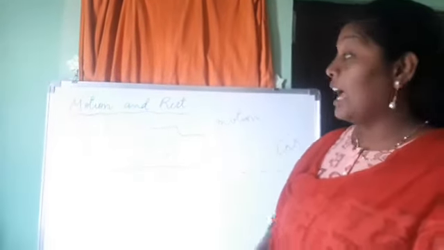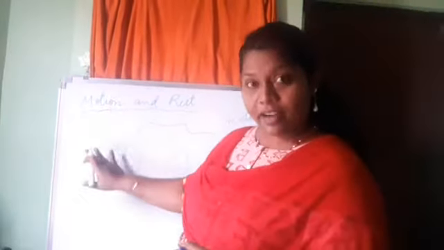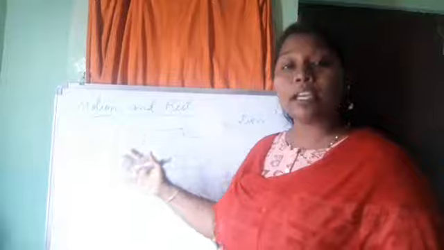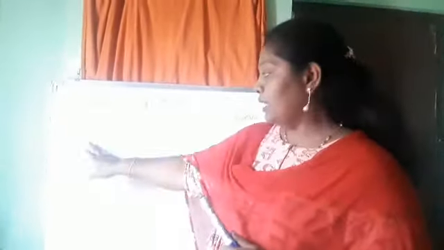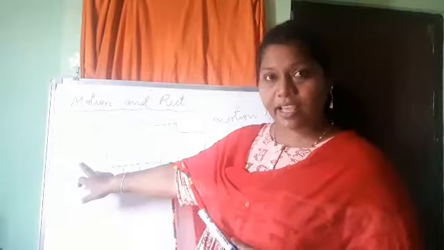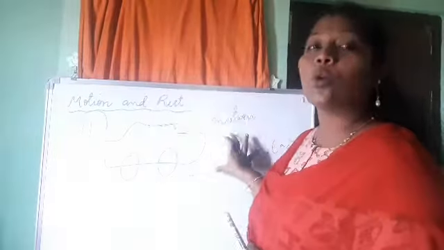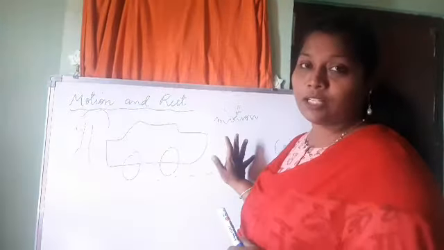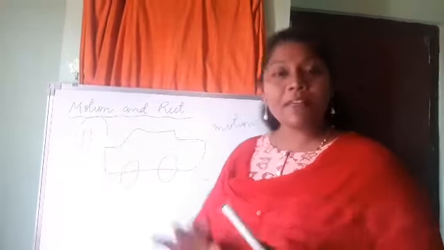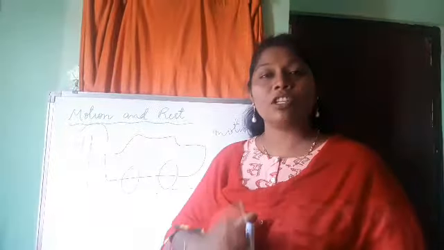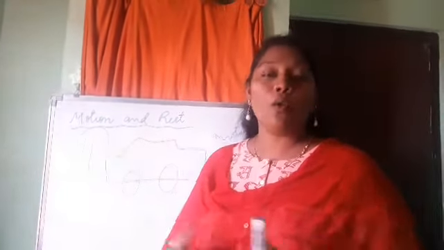Definitely no. This tree is at rest, but when you are looking from the moving object, you feel that the object is also moving. But children, no. This tree is at rest and the car is only in motion. Okay. Now we will see the definition of motion so that you will understand what it is.